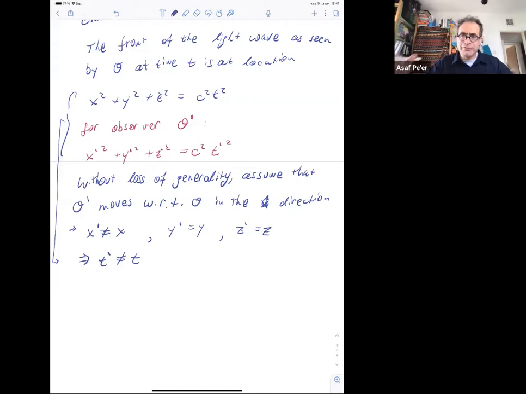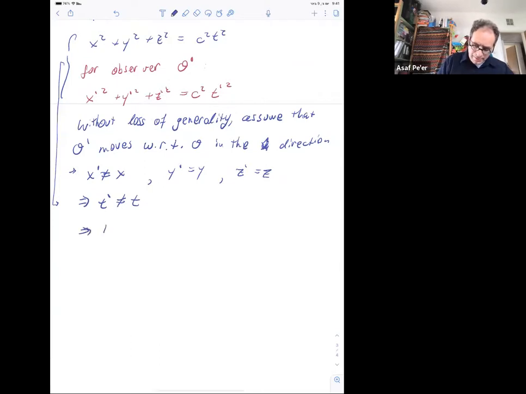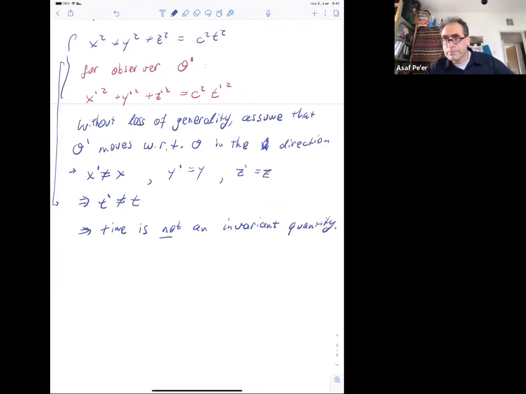So I'm measuring the time difference between these two events, and this is not a conserved quantity. This is not an invariant quantity. So we say that time is not an invariant quantity.